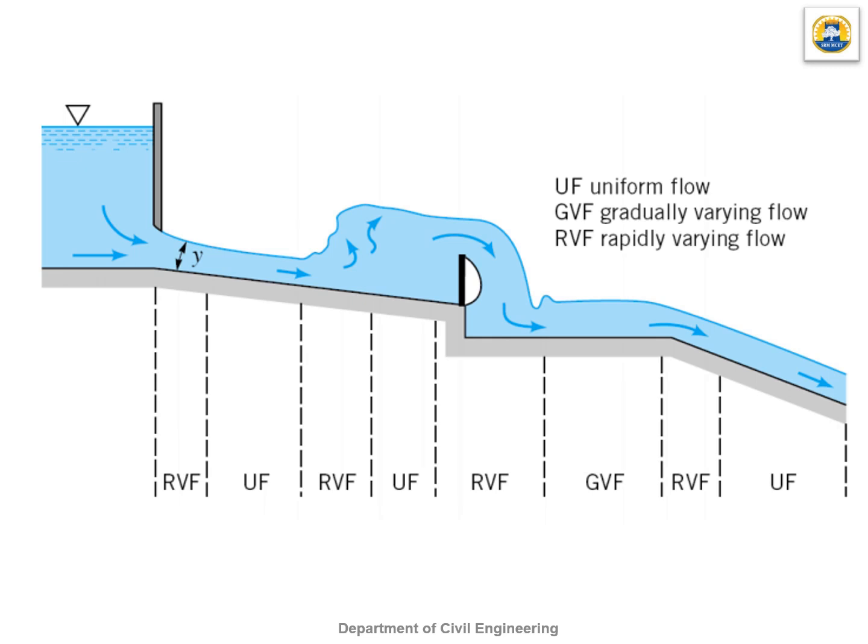It will have a rapidly varied flow, then for a stretch there will be a uniform flow, and when there is any obstruction, again there will be a sudden change in the depth of flow causing a rapidly varied flow. When there is a variation over a long length, the flow will be a gradually varied flow.